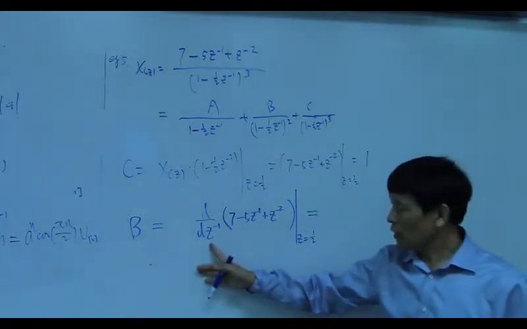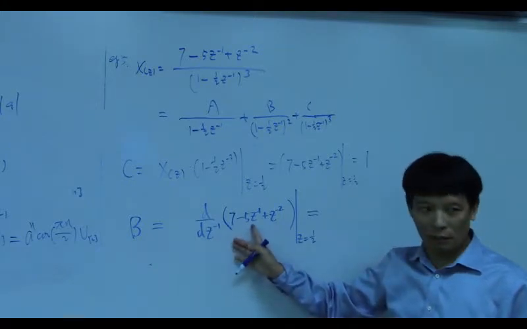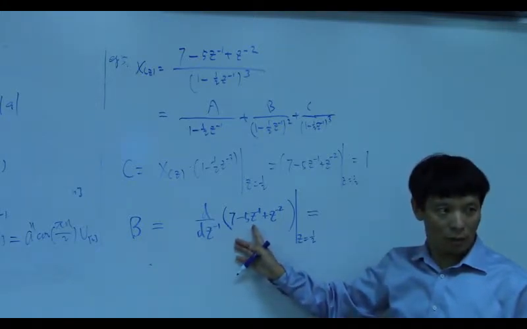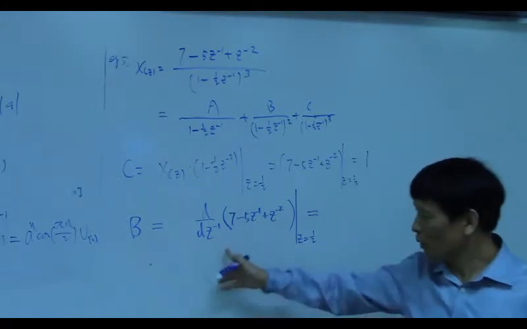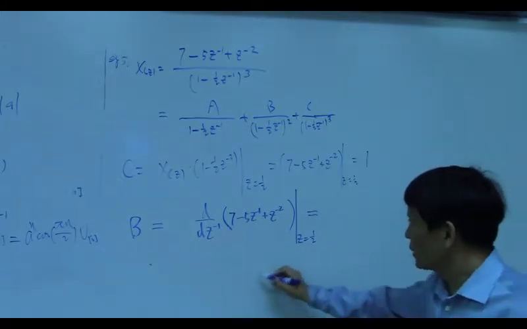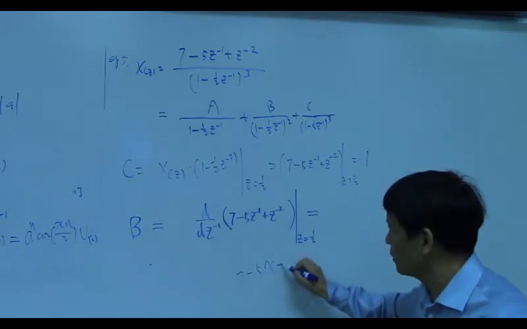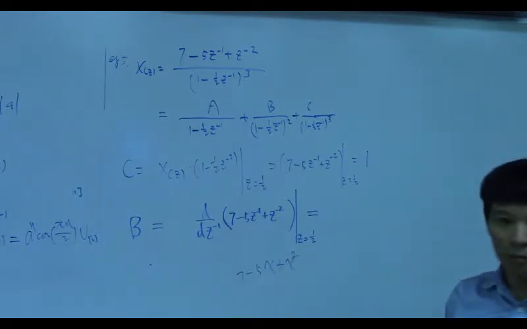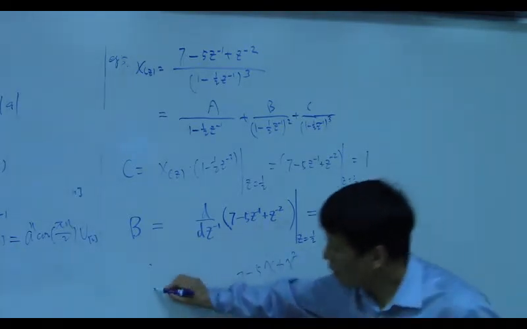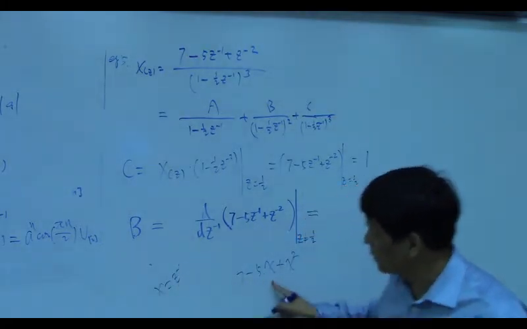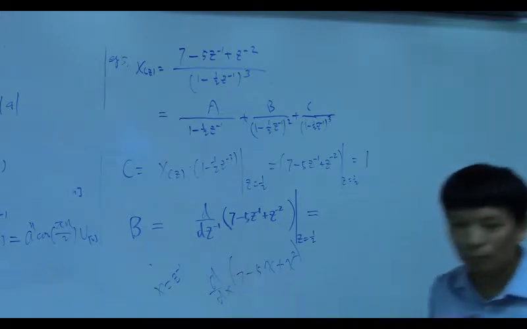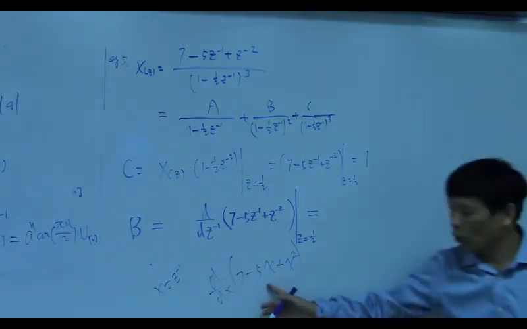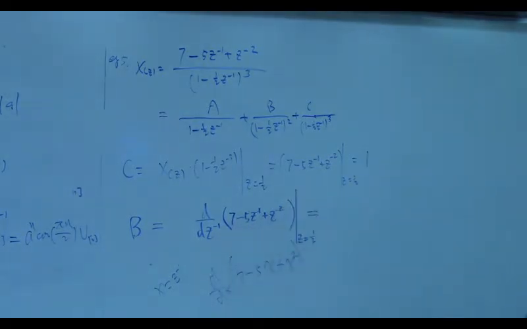This differentiation is with respect to z to the negative 1, not to z. For safety, you may want to rewrite this one as 7 minus 5x plus x squared, replacing x equals z to the negative 1. Then it's d/dx. You may like this form, but they are the same thing.